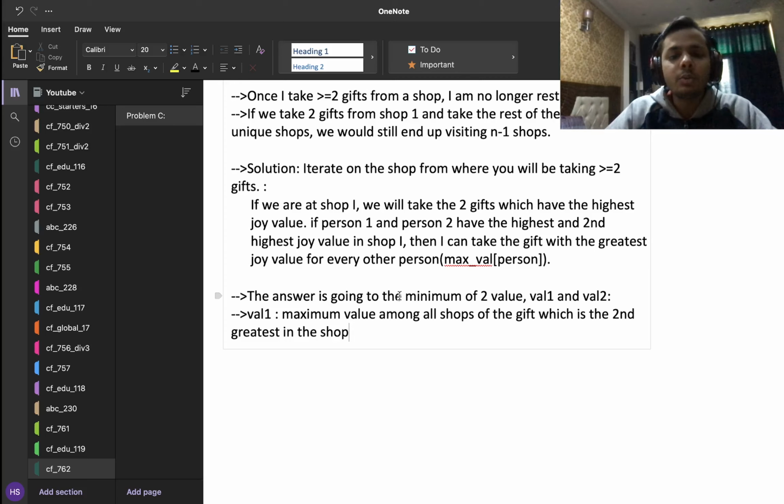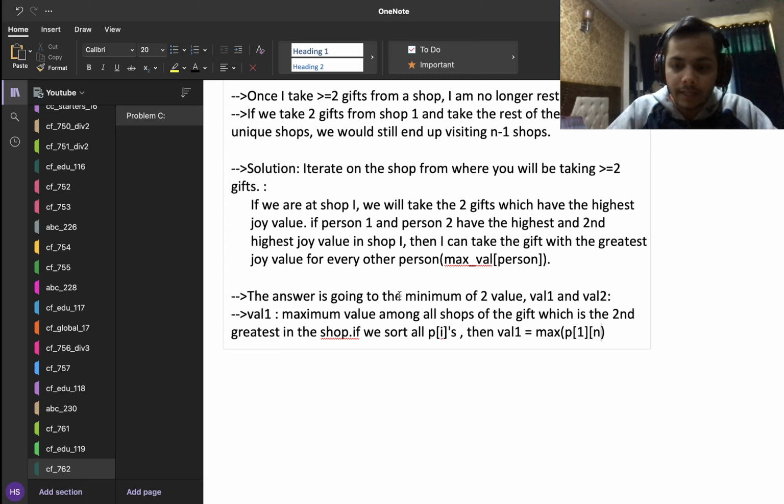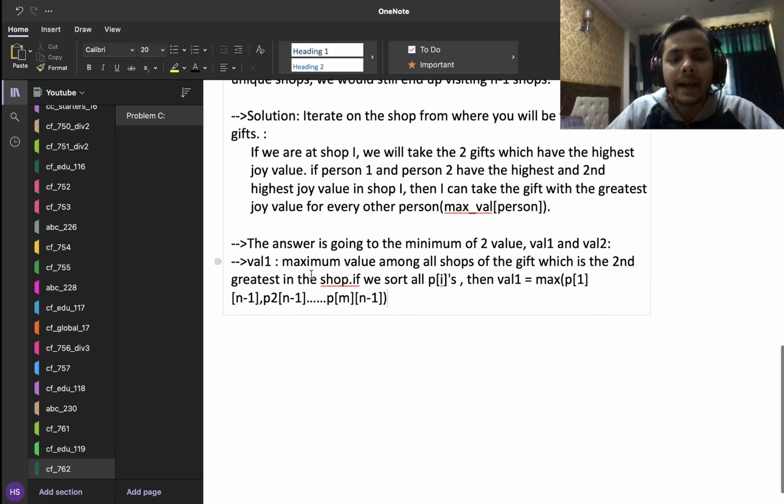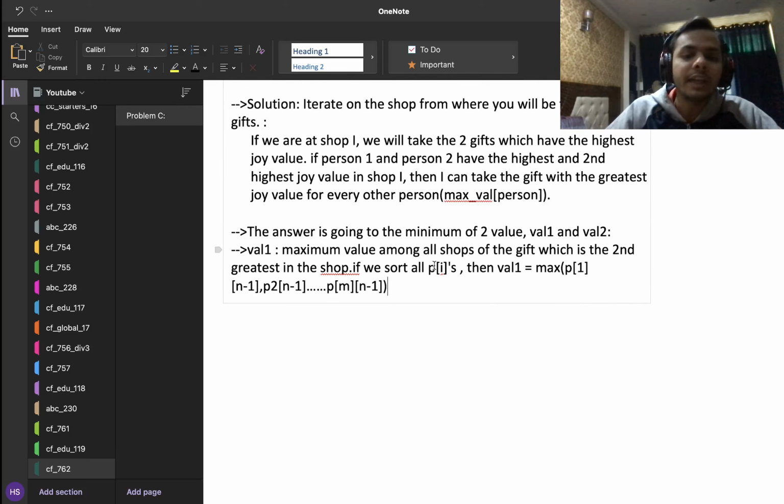That is, if we sort all Pi's, then val1 is equal to the maximum value of P1[n-1], P2[n-1], up till Pm[n-1]. N minus 1, why? Because I have sorted all the Pi's, and every Pi has n elements, so the second highest is going to be at the position n minus 1.